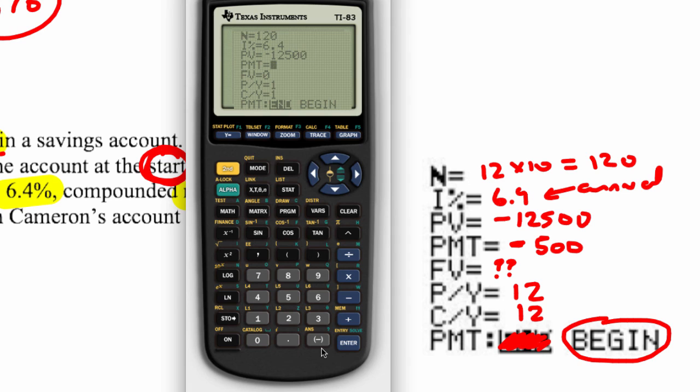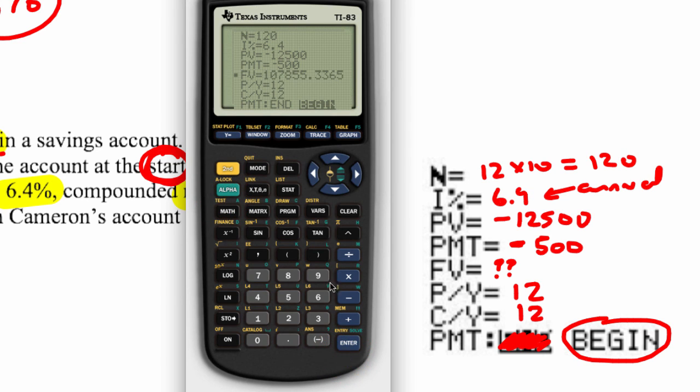The payment is negative. I've got to hit this button right here: 500. We don't know the future value. The number of payments per year is 12. Number of compounding periods per year is 12. And then I need to move this over to beginning. I hit enter, I think, right here. And now that's good. I can go back up to future value. And finally, I hit alpha and enter.